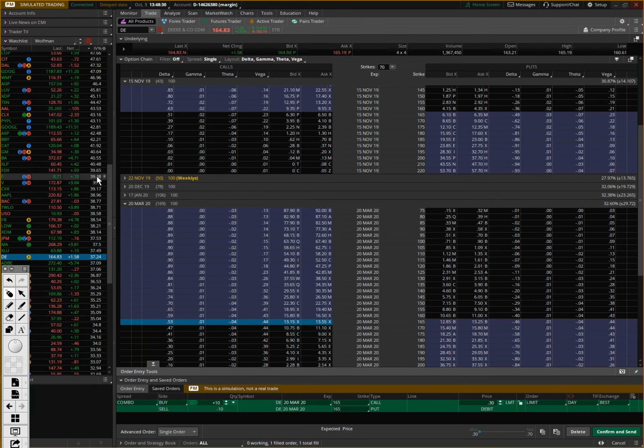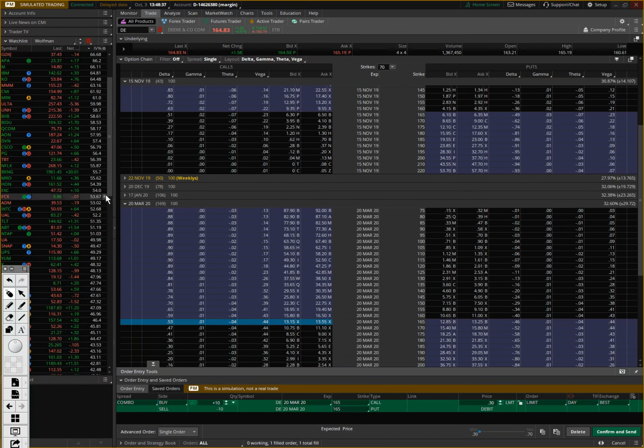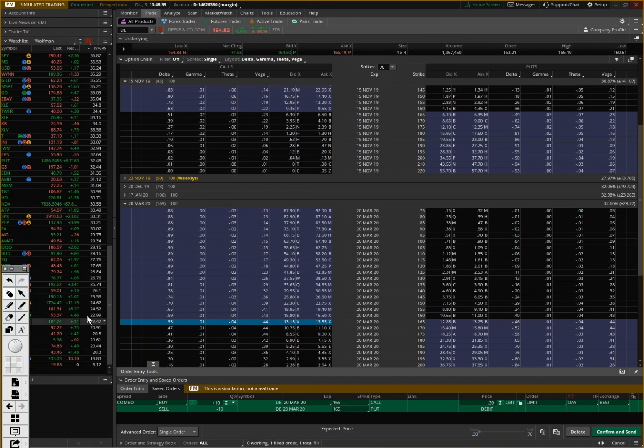Now, having said that, that means you can do it when it has super high implied volatility percent or super low implied volatility percent, right? But I would just say that if you're looking at really low implied volatility percent and you have a bearish market assumption, I would probably look at a different option strategy, all right?